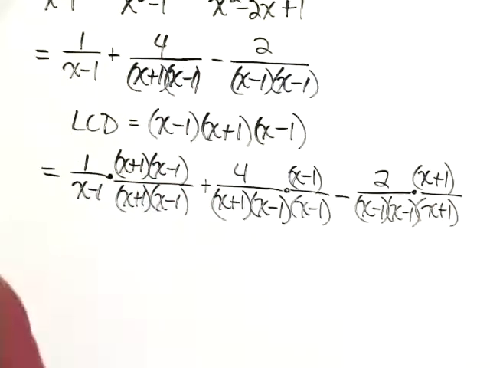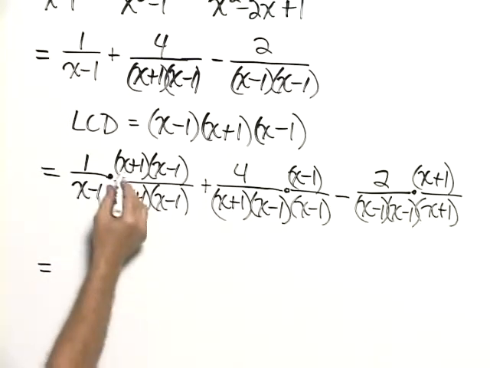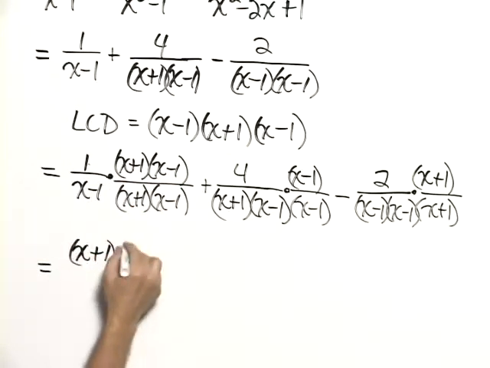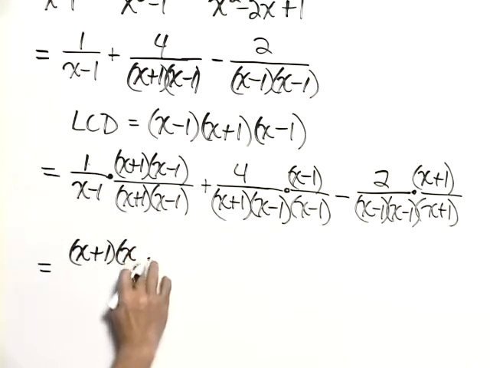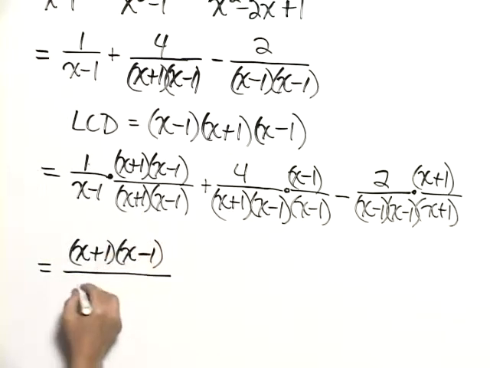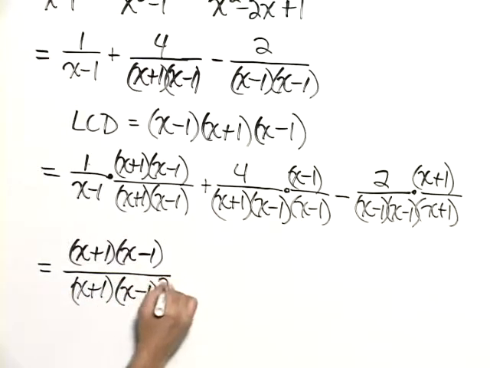Let's now look at that multiplication. This would be equal to, in the numerator, 1 times all of that just gives us x plus 1 times x minus 1. And now I'm going to write the LCD in a slightly different form of x plus 1 times x minus 1 squared.